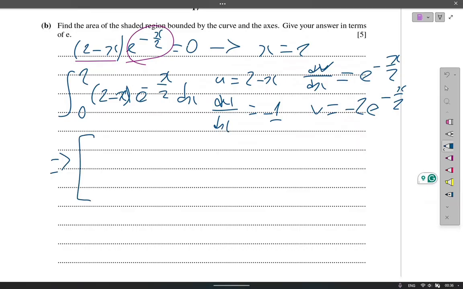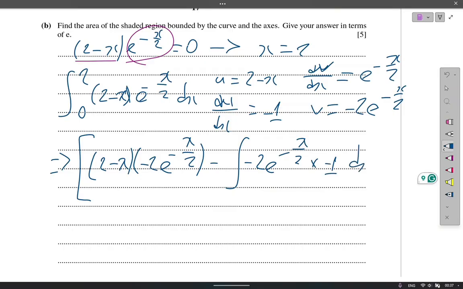So the integral is gonna become, and the rule of power integration shows this one between 2 and 0.